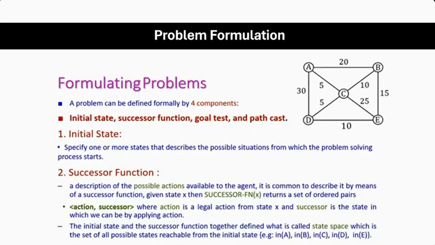The initial state and the successor function together define what is so-called state space, which is the set of all possible states reachable from the initial state. Okay, example, initiate A, then initiate B, then initiate C, and tuloy-tuloy.